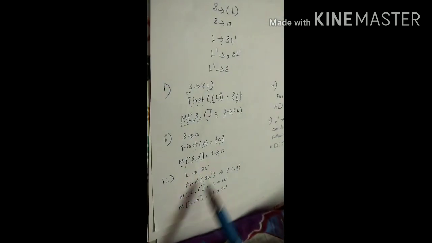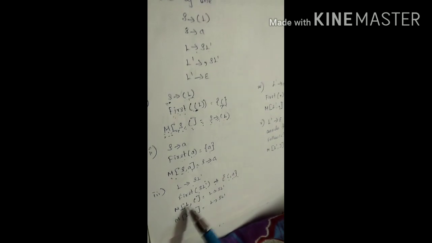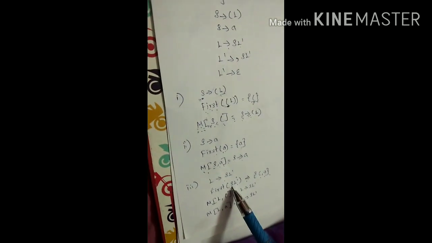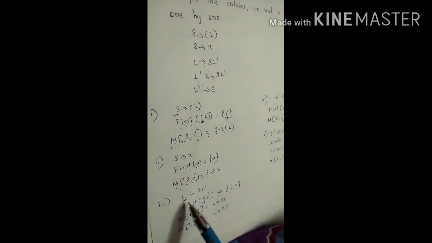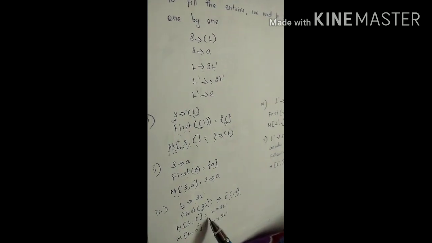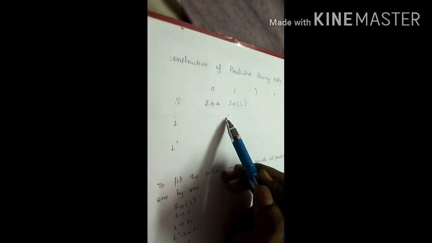After that the third production is L tends to SL dash. First of SL dash is open bracket comma A. Here we have to find first of this symbol. First of S is open bracket comma A. So next we create entries in the table. M of L comma open bracket equals L tends to SL dash.